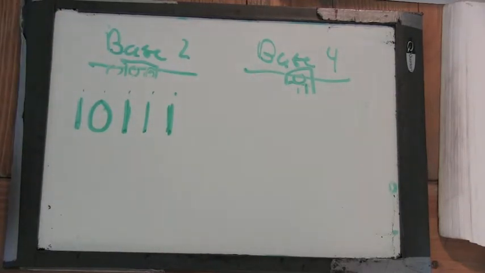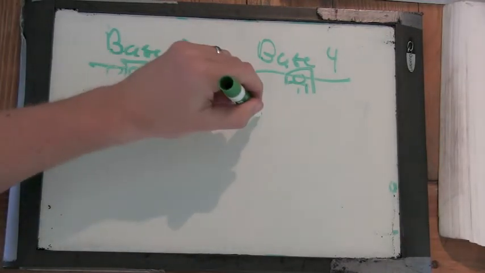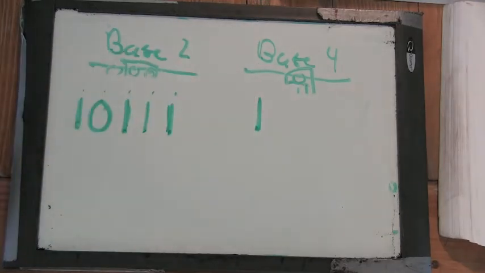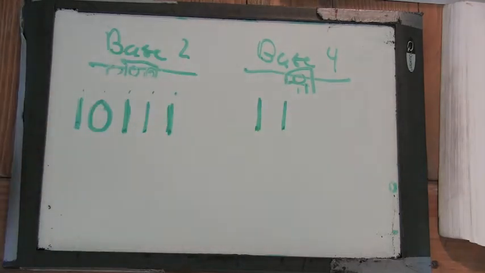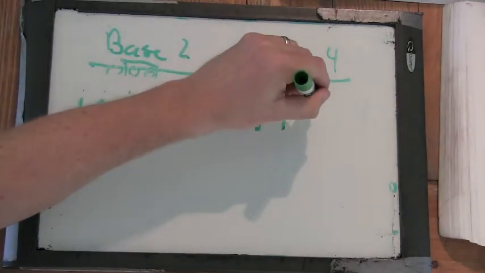Okay, what is it going to be in base 4? Well, I have 1 16, and no 8s again, but you're using the powers of 4. So how many 4s do I have? Just 1 4, and then 3 1s.